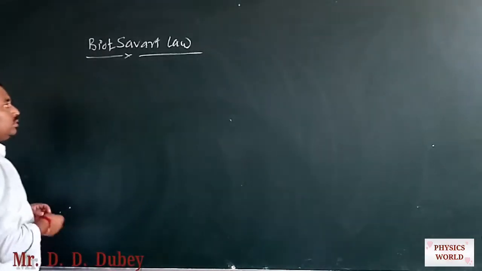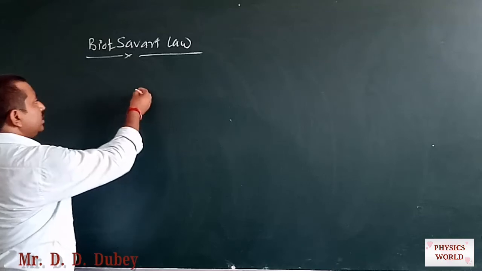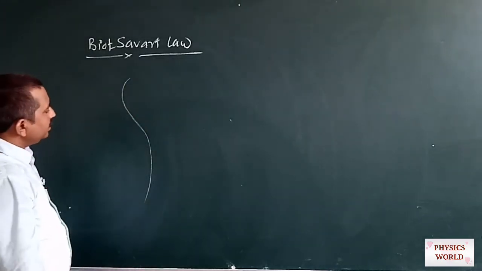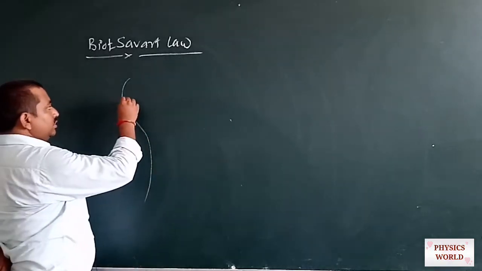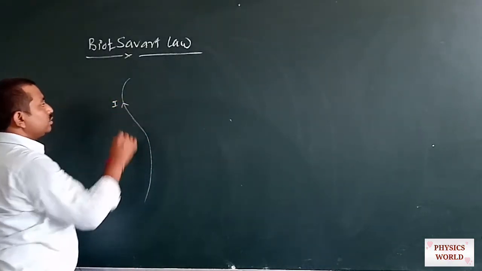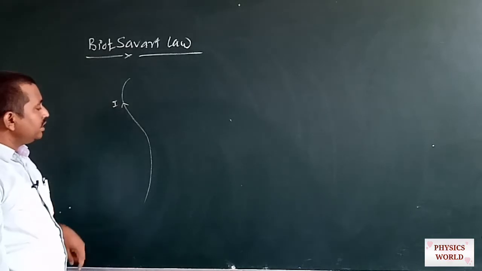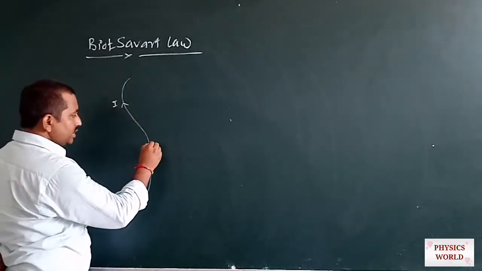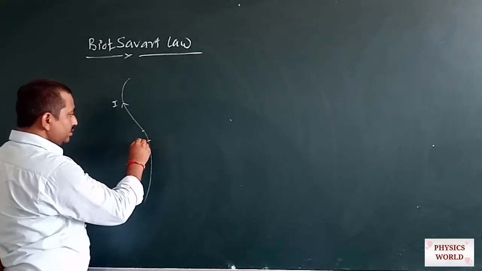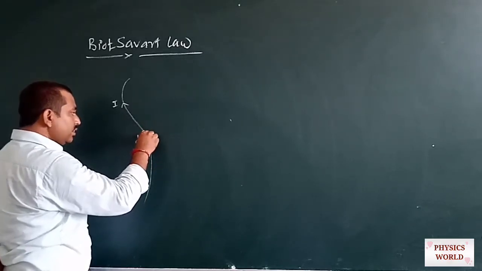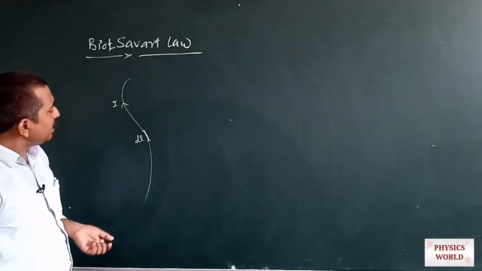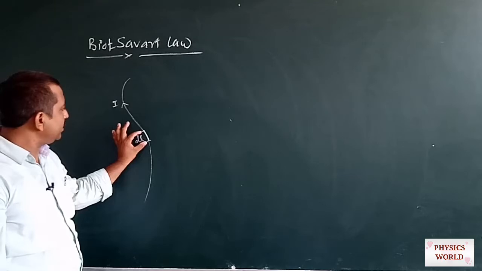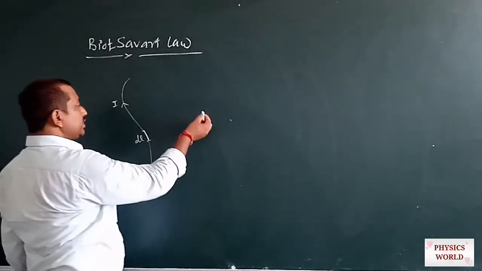To know more about Biot-Savart law, let us assume that this is a current carrying conductor with a current I flowing through it. If we take a small part of this conductor, that is dl here, then what will be the magnetic field due to this small current carrying part at any point?